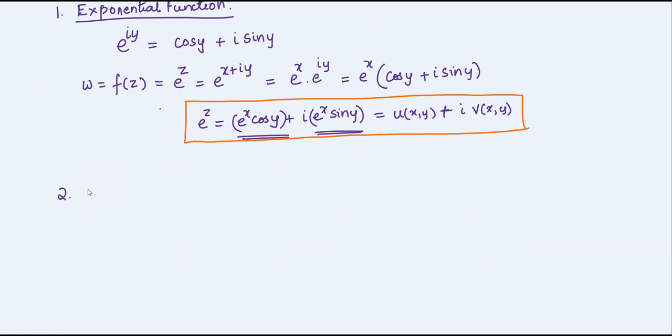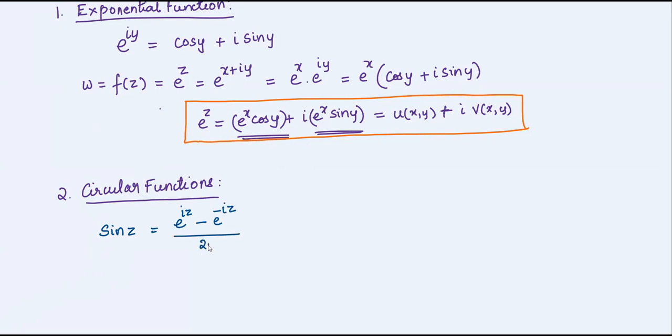Next, circular functions. Now circular functions are sine and cos. So how can we define them? Sine z is defined as e power iz minus e power minus iz by 2i.